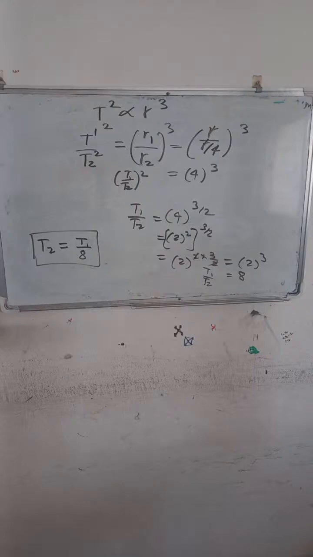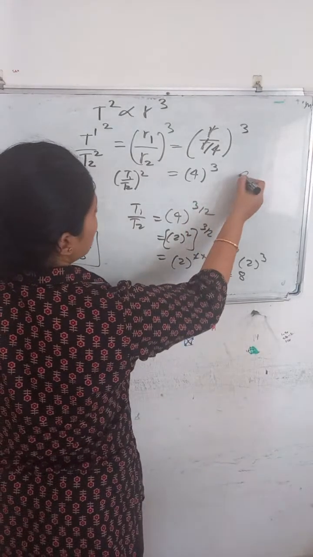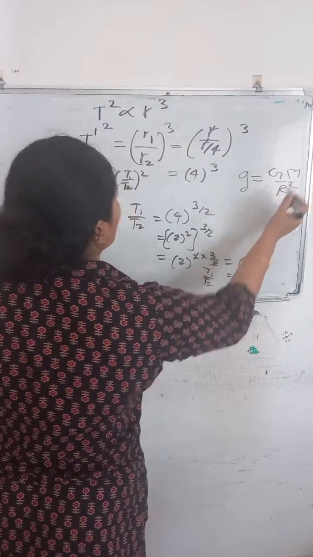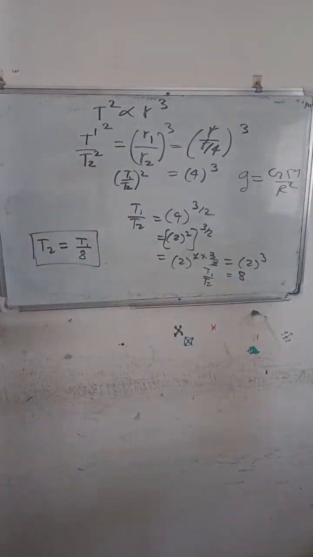Here we know acceleration due to gravity g is equal to GM by r square. This is the derivation we have, where M is the mass of the earth and r is the separation between both the masses.